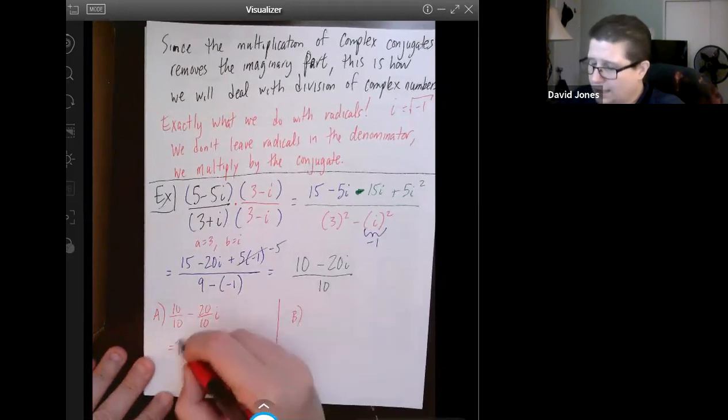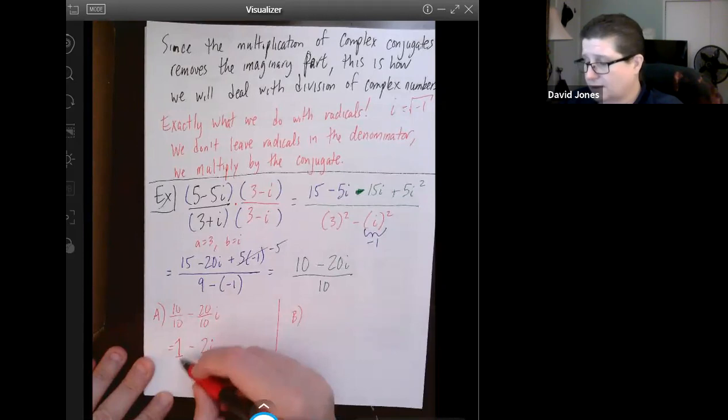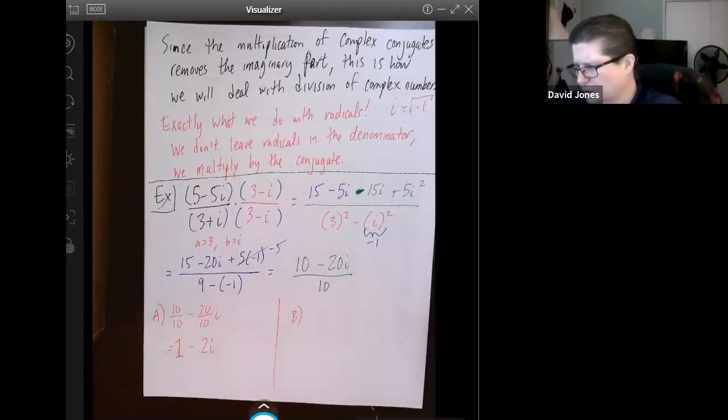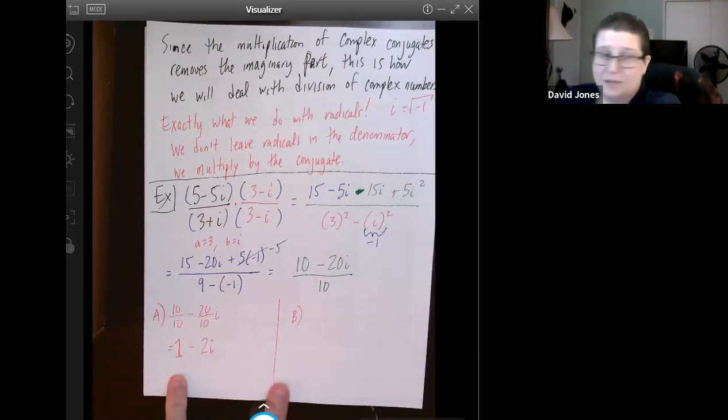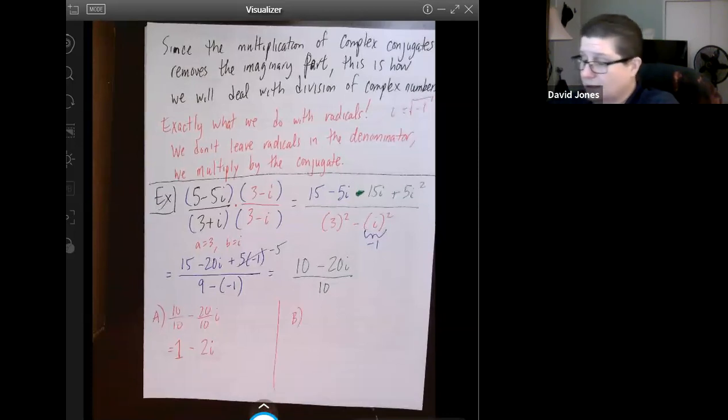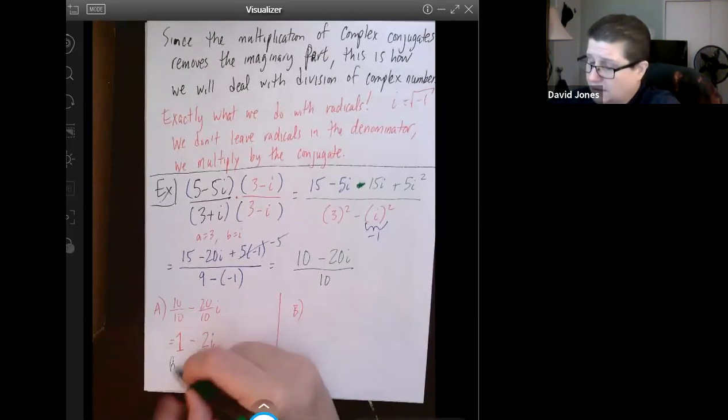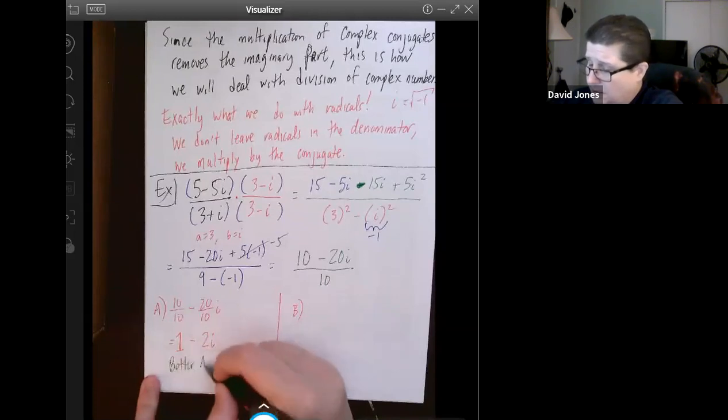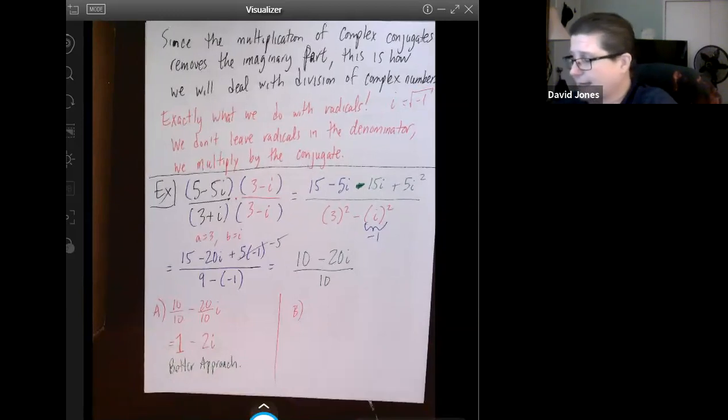I get 1 minus 2i. So splitting it up as fractions is one way of dealing with that. And if it doesn't completely cancel with the denominator, this is actually the better approach, because the denominator does not always completely cancel.